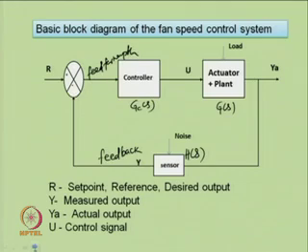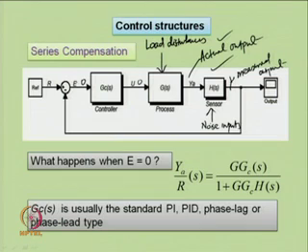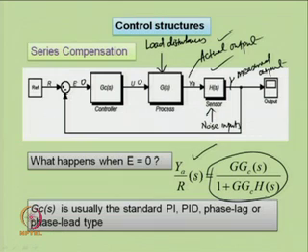So, when E equals 0, still the process goes on working. Now, coming to the closed loop transfer function, what we often get from series compensation schemes is given by G(S) GC(S) upon 1 plus G(S) GC(S) H(S).